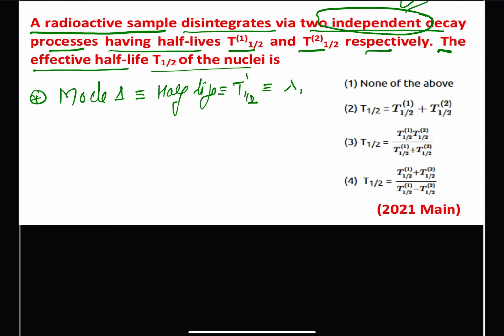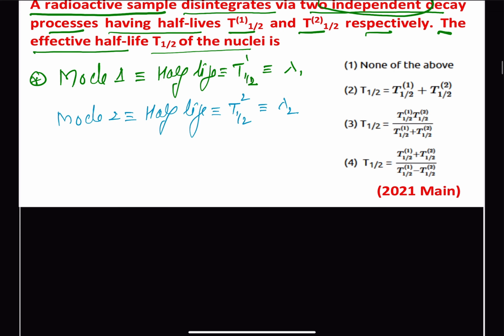And we have mode 2, where the half-life is T2 half and the decay constant is lambda 2.